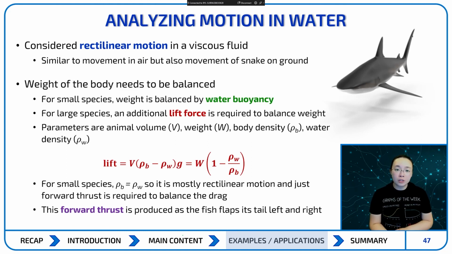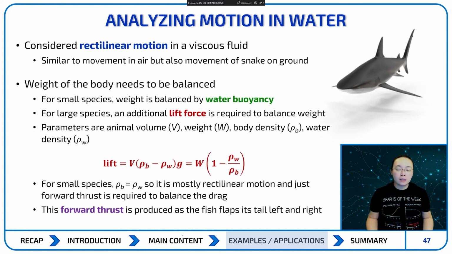There is an equation for lift force, and that's equal to V times the difference between your body and water density multiplied by gravity g. So you can simplify it and have W equals 1 minus ρW over ρB.